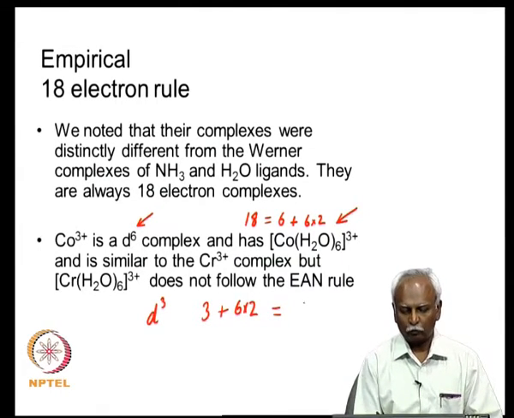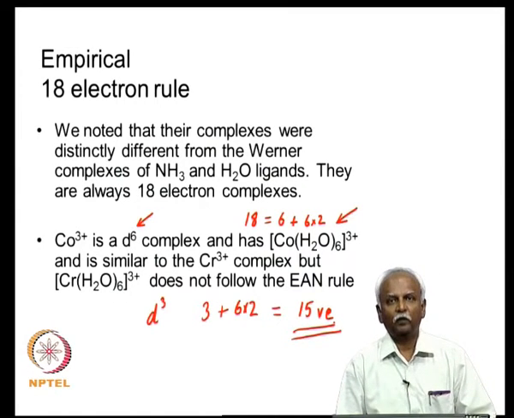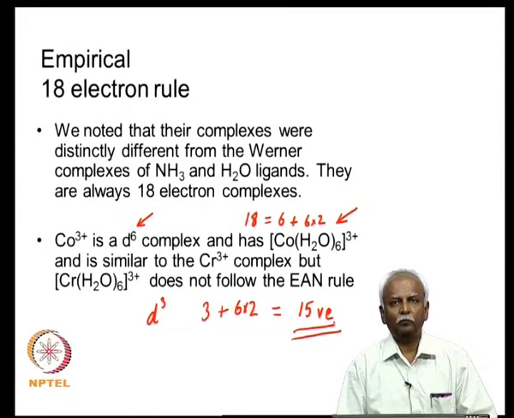So, you have a total of 15 valence electrons on this complex. So, you can see that Werner complexes, even if they form very stable systems, they like to be octahedral or tetrahedral, but they do not follow the 18 electron rule, or they do not seem to have an 18 electron rule governing their electronic structure.